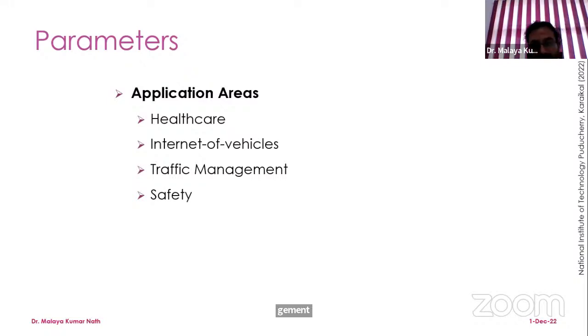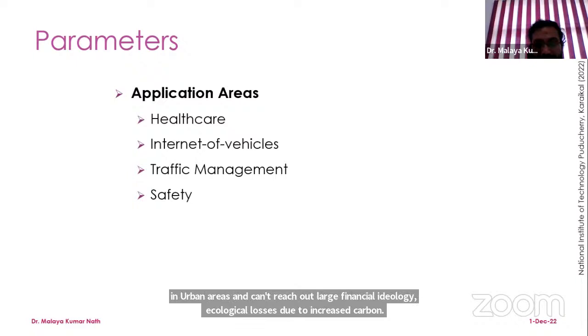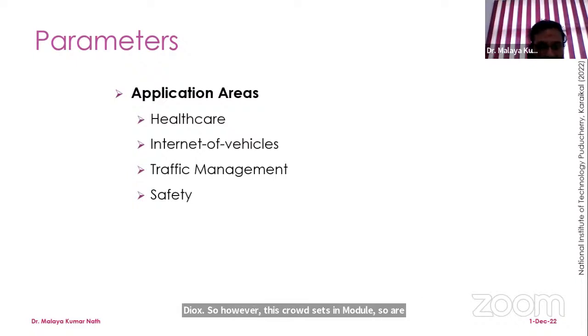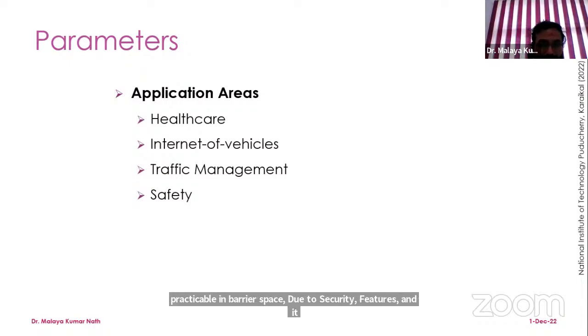However, these crowdsourcing modules are impractical due to centralized data storage and human safety concerns. Next is safety. This blockchain technology is well known and practicable in various fields due to its security features, and it provides immutability of the data.